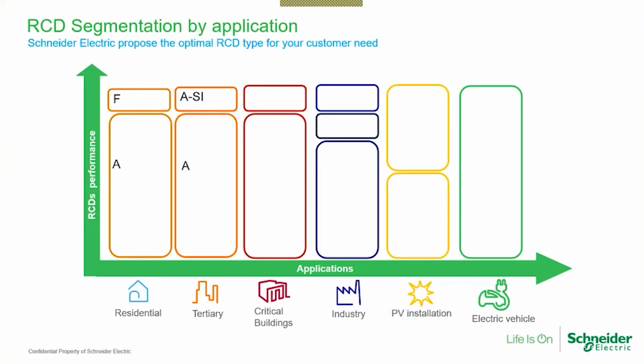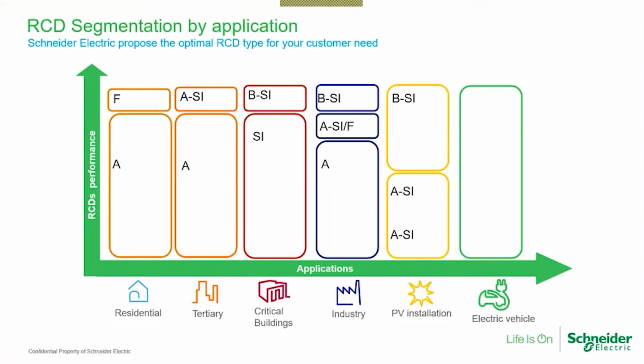So just to recap, RCD segment by application. Residential, we're looking at Type A. Tertiary, Type A or ASI. Buildings where essential supply is needed, we should be recommending the use of SI or ASI or BSI. Industry, where there are plenty of variable speed drives etc. in use, depending on the specific load characteristics, either ASI or BSI.